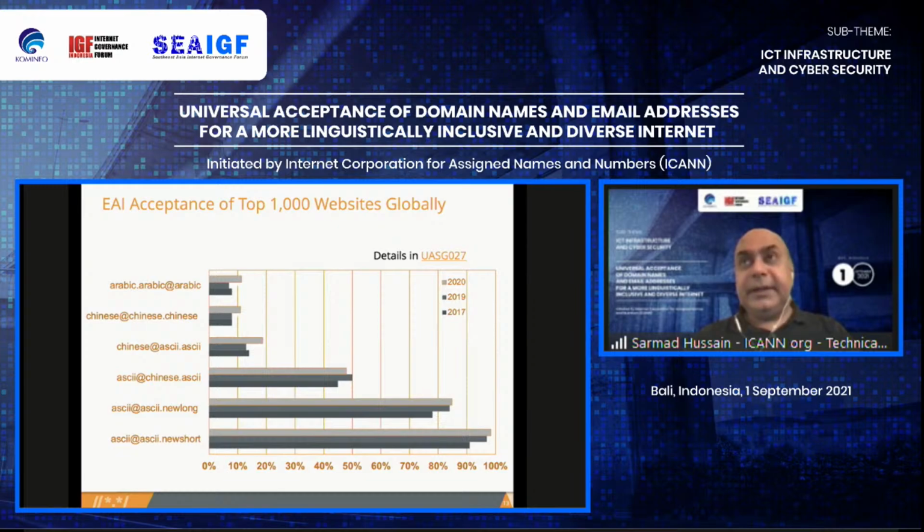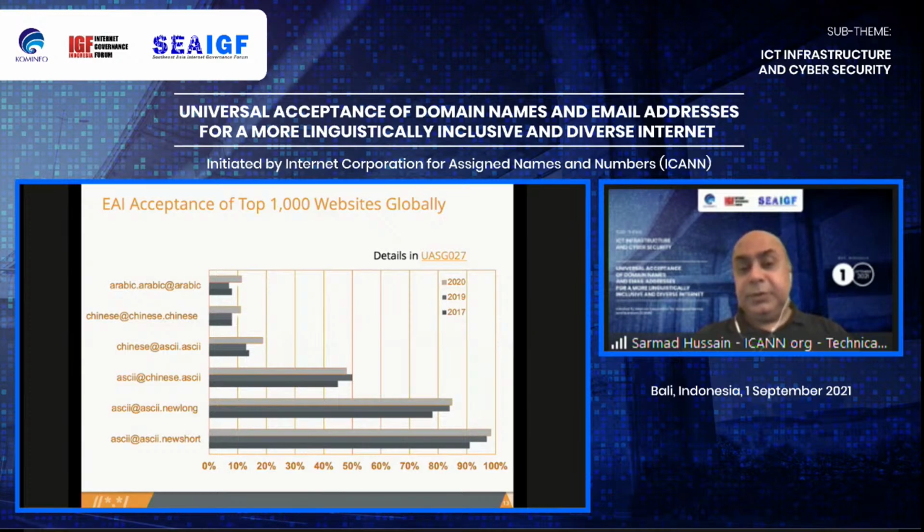The dot sky is an example of the new short. Dot engineering or dot international is the example of new long top level domain. And then we also tried these in Chinese and Arabic and other languages and scripts, and saw whether these top 1,000 websites globally could accept these email addresses.